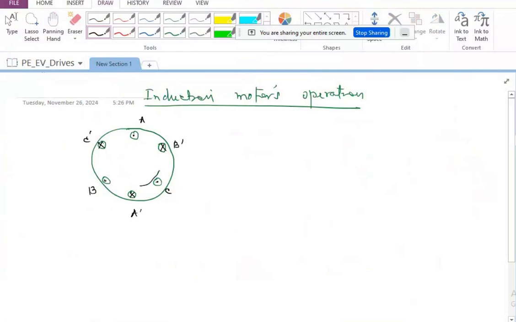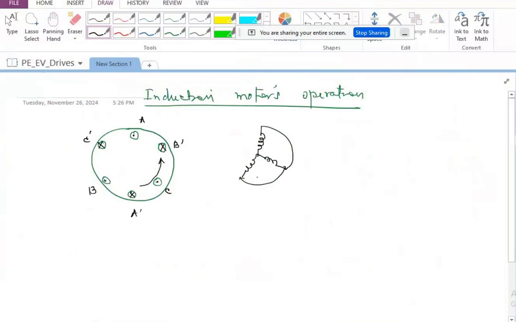Now this creates a revolving magnetic field here. As far as the rotor is concerned, it is just going to have three-phase windings, somewhat like this, which are also distributed windings, and I'm going to short circuit them externally.